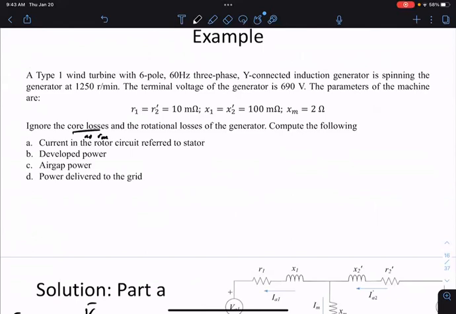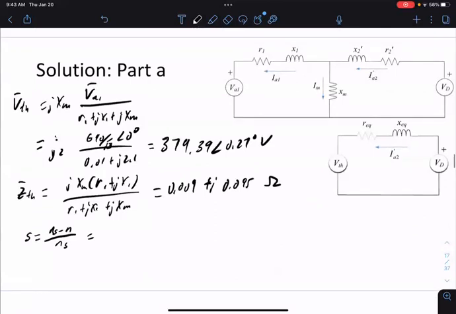There are only a few synchronous speeds out there, so you can do the frequency over number of poles calculation, but often if you look at a number like 1250, the synchronous speed will be 1200, because synchronous speed goes 3600, 1800, 1200, 900. You're dividing by even integers. So this is 1200, 1250, slip of minus 0.0417.